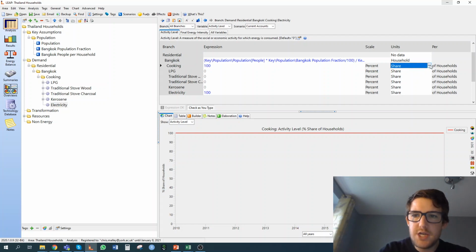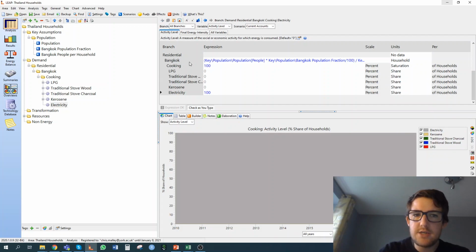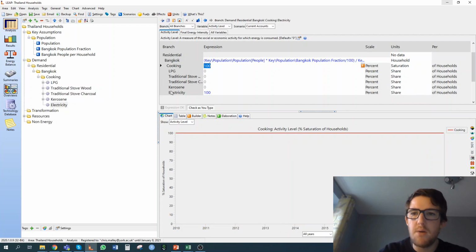We actually want to change this to another type of percentage, percent saturation. Percent saturation just tells us what percentage of the total number of households in this case do something. It's not dividing things up between different activities. So it's not dividing up our cooking by type. It's just saying what percentage of households do cooking.